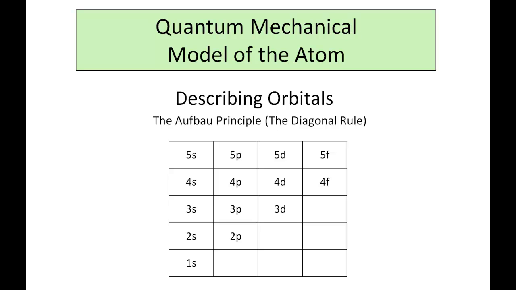Now before we get into that, let's look at how many sublevels there are for each principal energy level. Notice there is only 1 sublevel in principal energy level 1, 2 in energy level 2, 3 in energy level 3, 4 in energy level 4, and principal energy level 5 could theoretically have 5 sublevels.